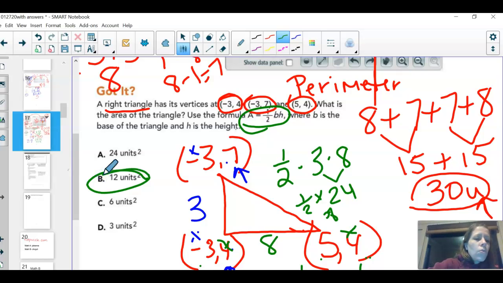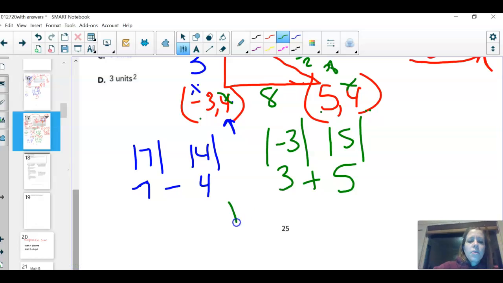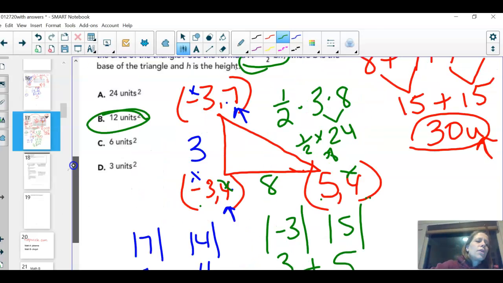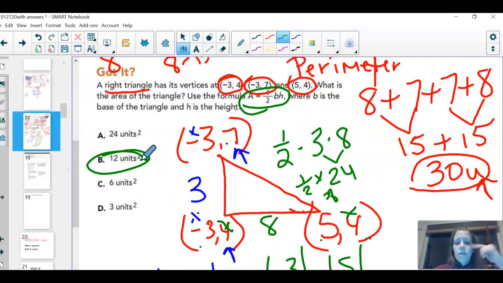Okay, so 1/2 times 24. Remember that times is of. Recuerdas que cuando tú estás multiplicando fracciones, cuando tú tienes multiplicación, es de. 1/2 of 24 is 12. So recuerdas, cuando tú tienes un cuadrado o tú tienes un rectángulo, tú vas a multiplicar los números solamente.